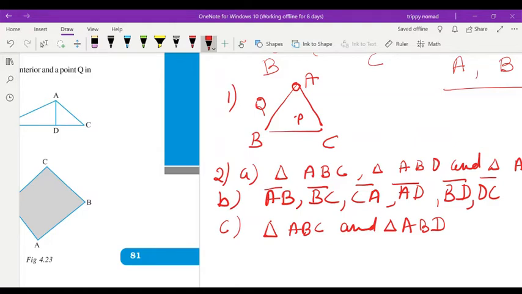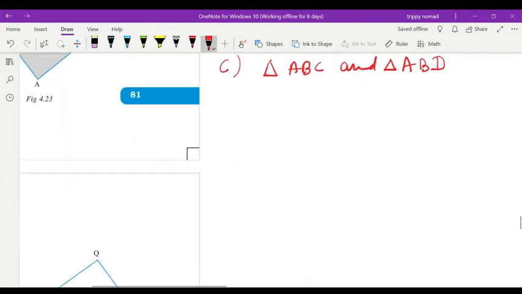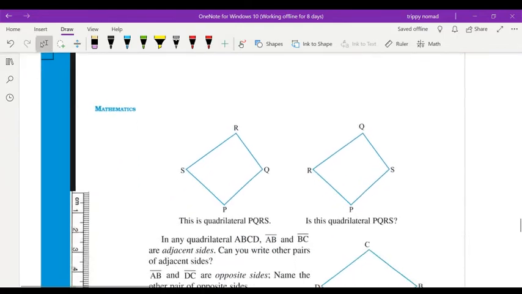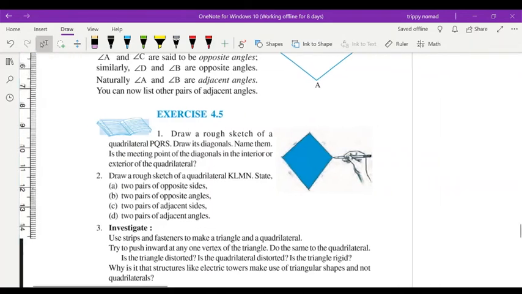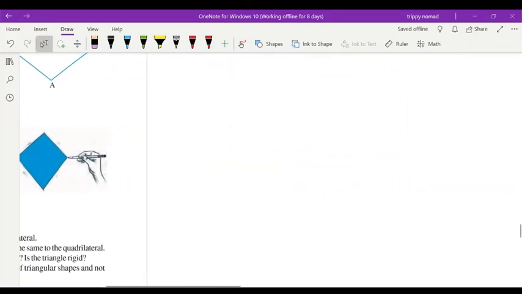And now children, this was 4.3 and 4.4, and before starting 4.4, let us discuss the meaning of quadrilateral in exercise 4.5. Which important term do we have to discuss here? That is quadrilateral. Any four-sided closed figure is called a quadrilateral.